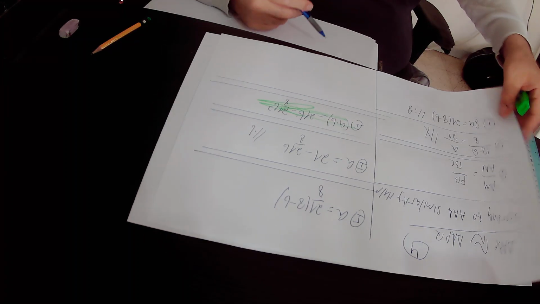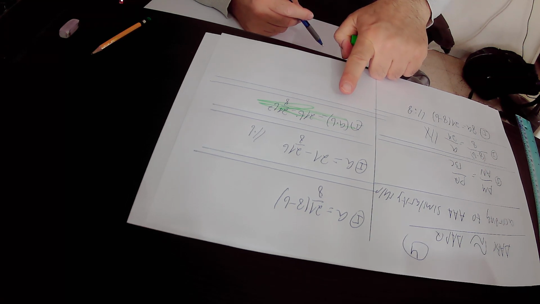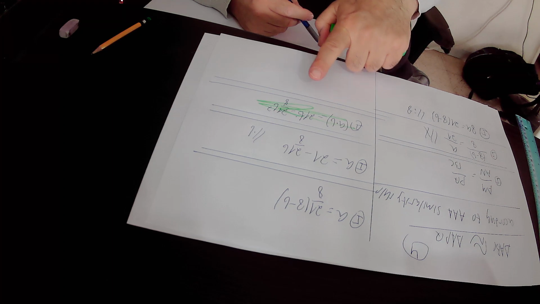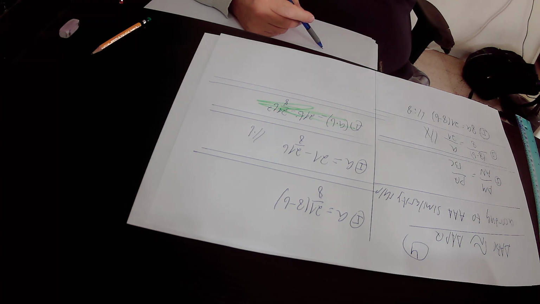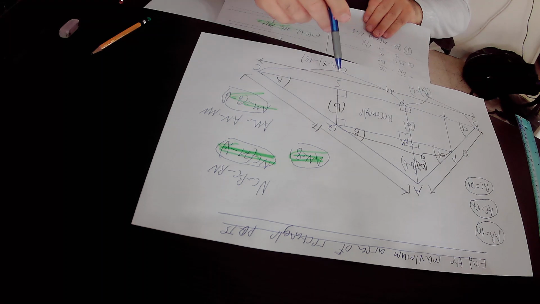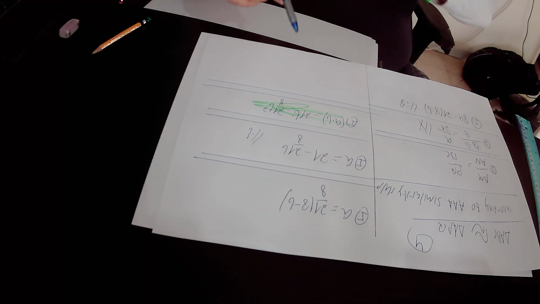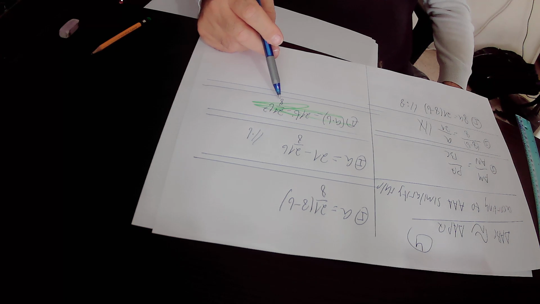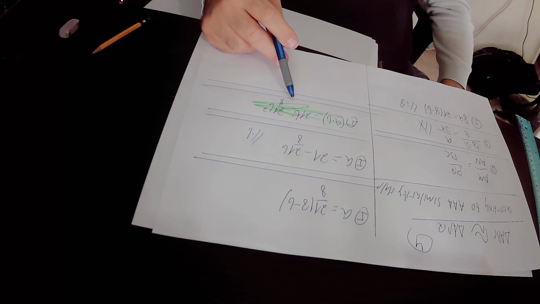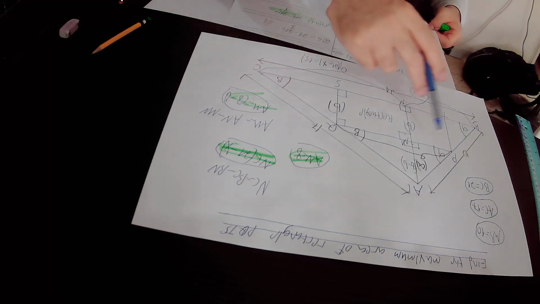So we found out that the area of rectangle PQST, that is to say AB, equals 21B minus 21 over 8 times B squared. So actually we have the area of this rectangle PQST according to the independent variable B, that is the width of this rectangle PQST.